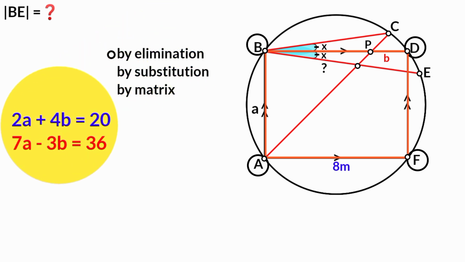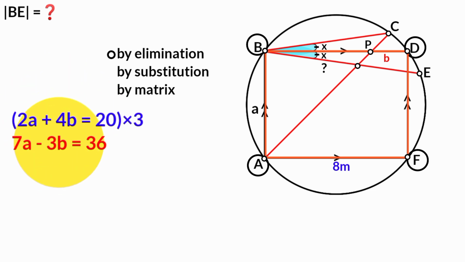To solve these two equations simultaneously by elimination, we have to choose the variable which we want to eliminate between A and B. I think we should eliminate B. In this equation, the coefficient of B is 4, while here it is 3. To eliminate B, we have to make B have the same coefficient in both equations, that is, by multiplying this equation by the coefficient of B here and this by the coefficient of B here.